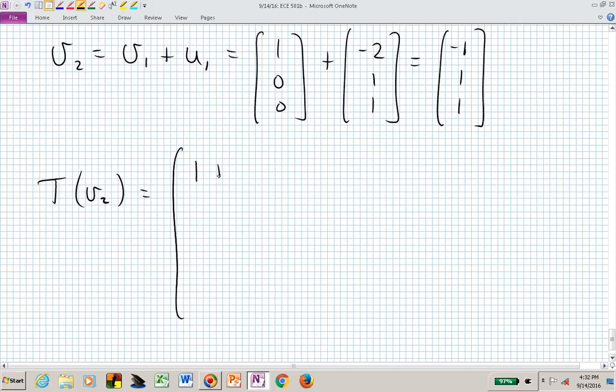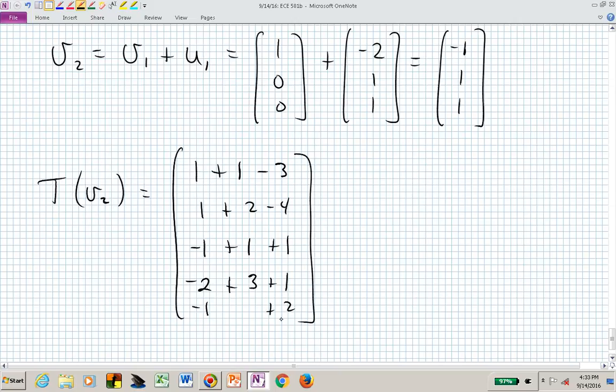We have 1 plus 1 minus 3, 1 plus 2 minus 4, minus 1 plus 1 plus 1, minus 2 plus 3 plus 1, and minus 1 plus 2. And now simply do the addition.